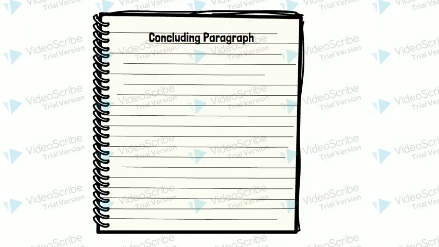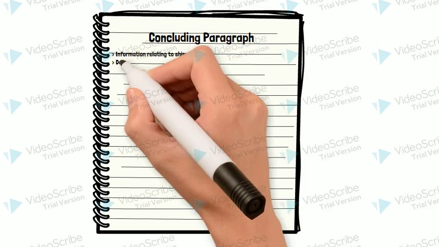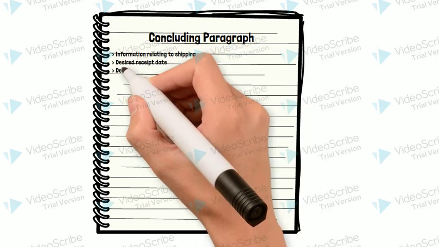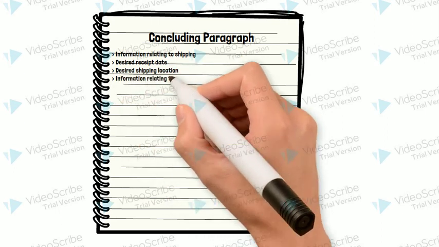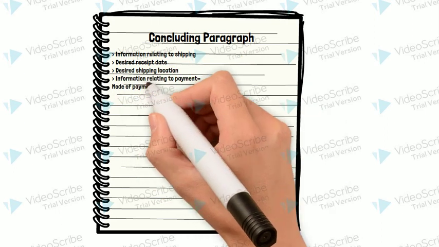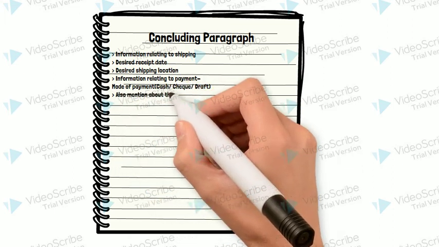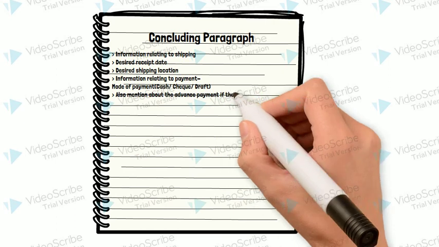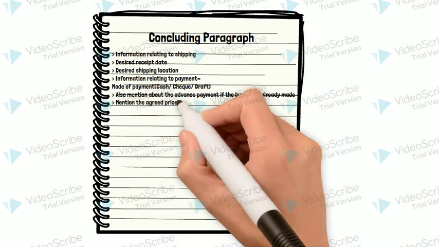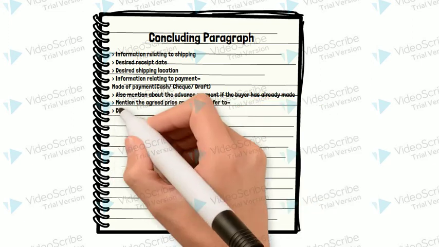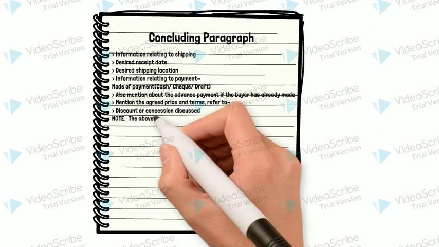This paragraph talks about information relating to shipping, the desired receipt date, desired shipping location. It will also contain information relating to payment, the mode of payment, and also mention the advance payment if the buyer has already made it. Need to mention the agreed price and terms, and refer to the discount or the concession discussed.